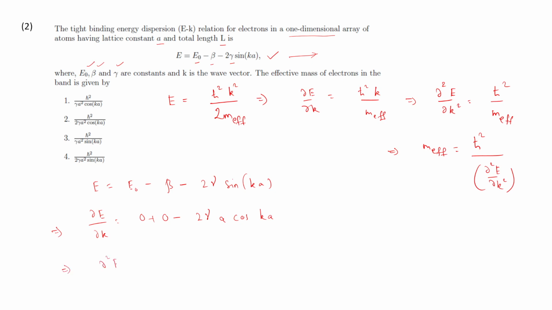Dou square E by dou k square is equal to minus 2 gamma a square, and it is minus sine ka. So basically it is 2 gamma a square sine ka.